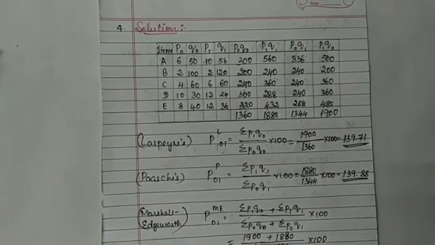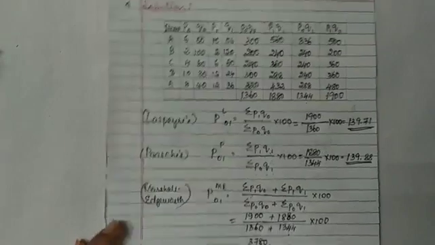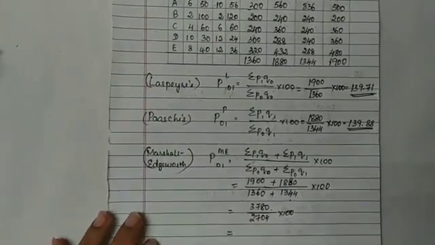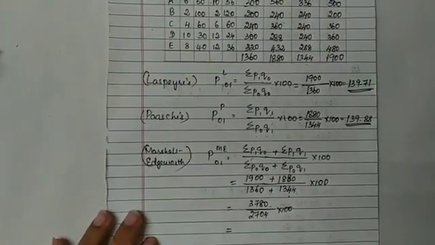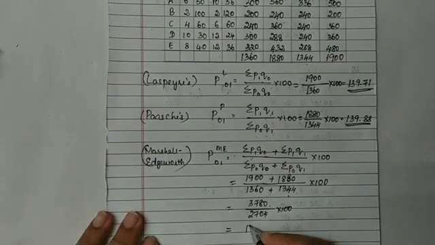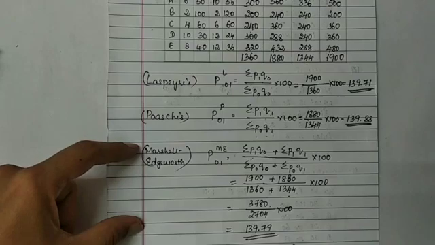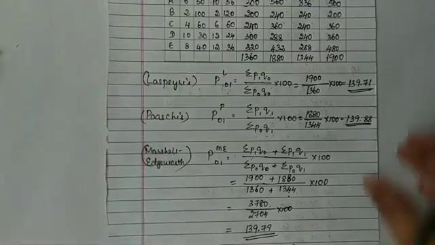And now 3780 divided by 2704 into 100 is 139.79. So we are done with Marshall and Edgeworth's calculation.